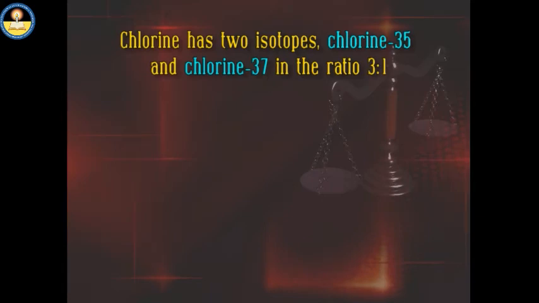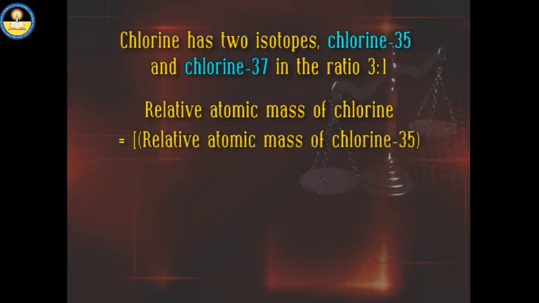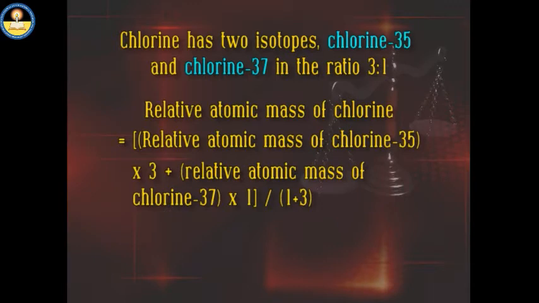Chlorine has 2 isotopes, chlorine 35 and chlorine 37 in the ratio of 3:1. Relative atomic mass of chlorine is equal to relative atomic mass of chlorine 35 multiplied by 3 plus relative atomic mass of chlorine 37 multiplied by 1 whole divided by 1 plus 3.